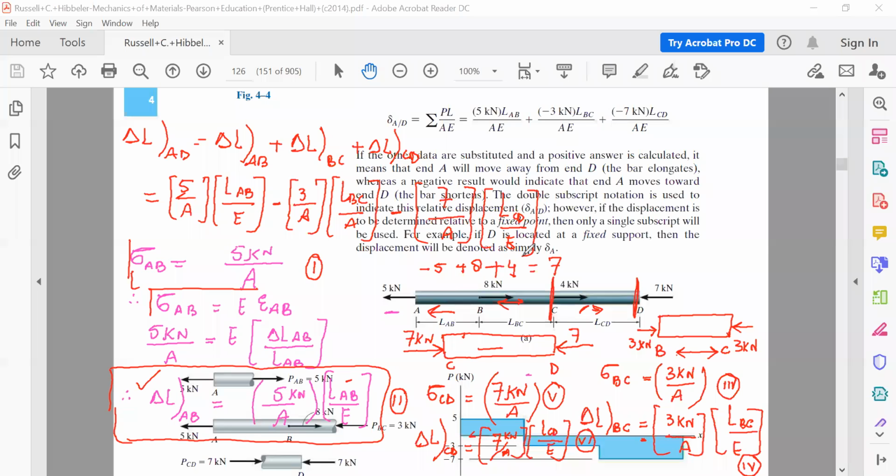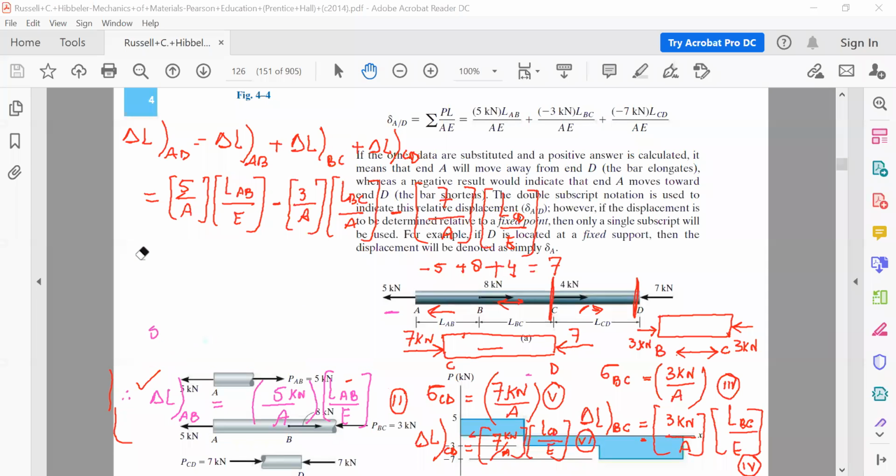Okay, we can further modify this equation. The total change in length of section AD is equal to, A is constant everywhere, this is the area of cross section, E is constant, so we can take this 1 by AE out.